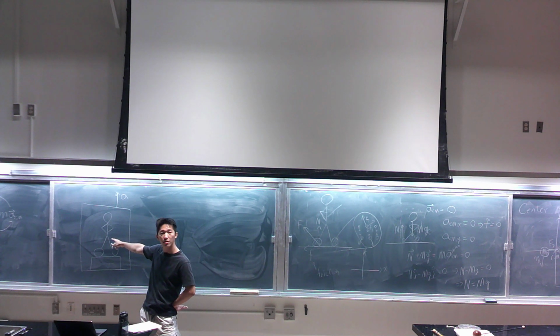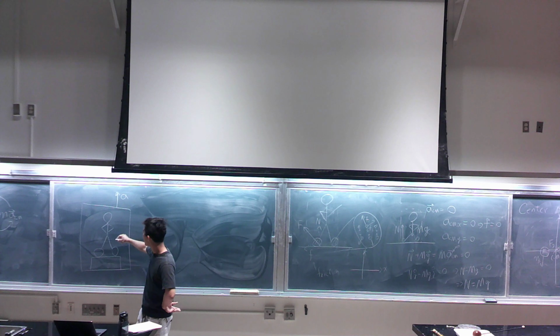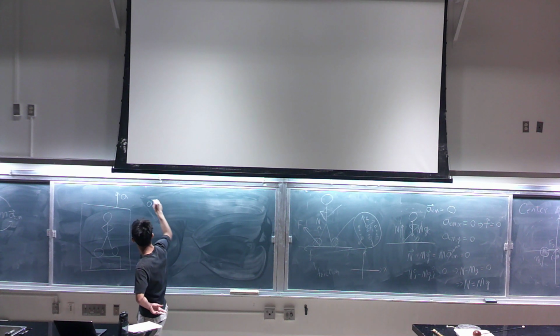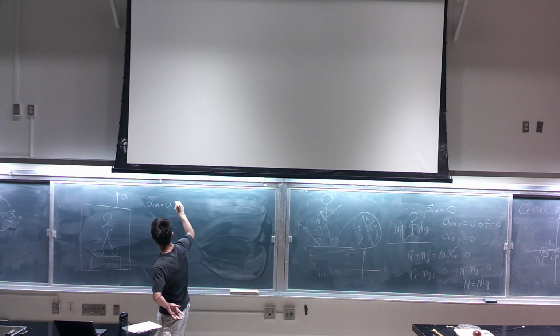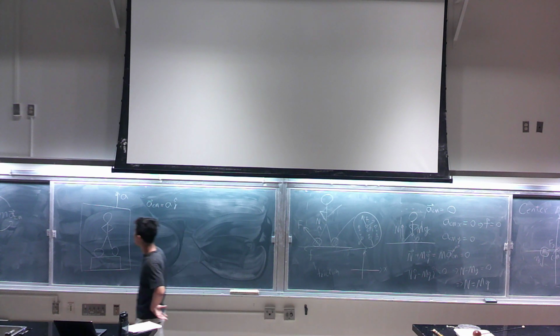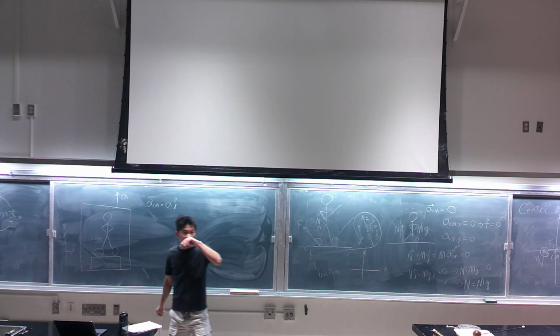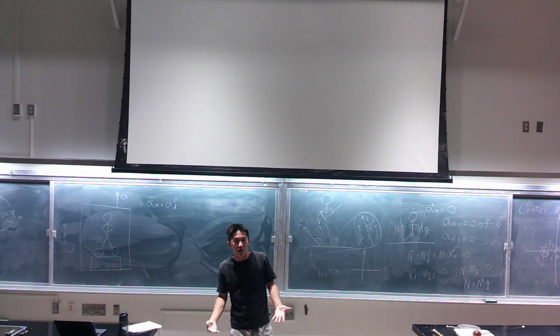What will it be? Is it the same as the elevator? Exactly, yeah. It will be the same as the elevator. So my a_cm will just be the acceleration of the elevator going up, taking up as positive y, because you are moving with the elevator.